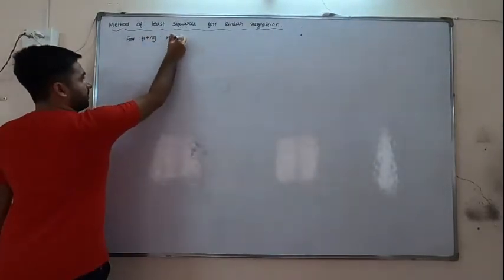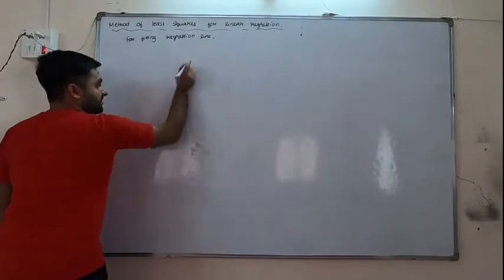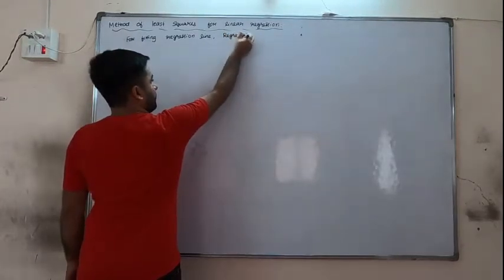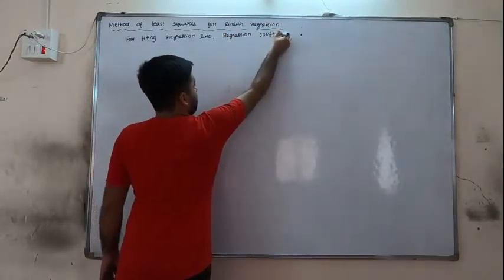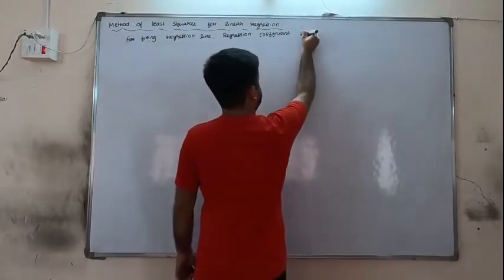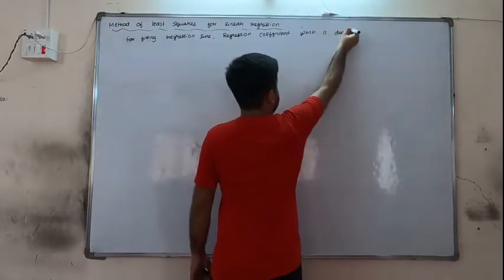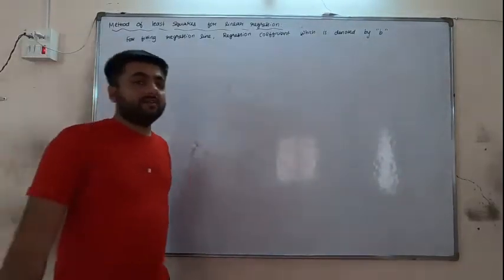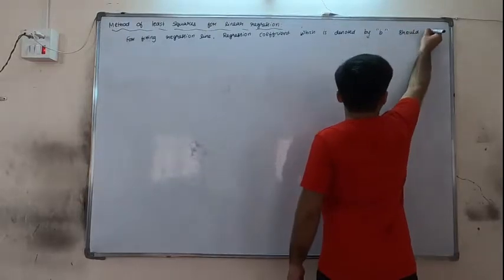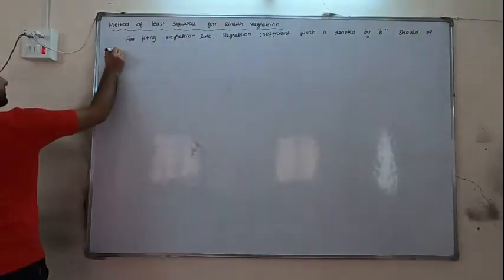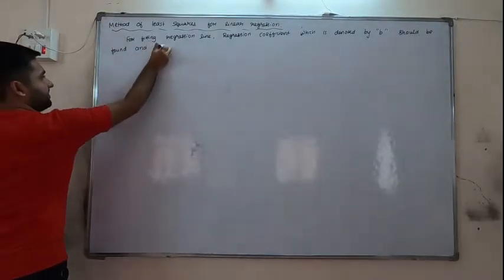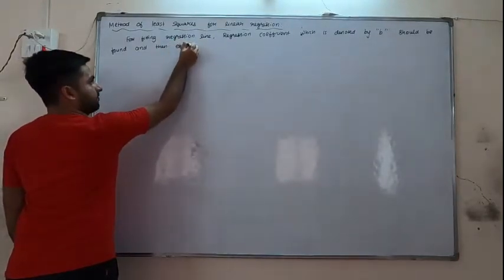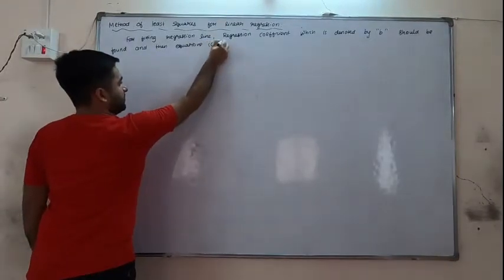For fitting a regression line, the regression coefficient, which is denoted by small letter b, should be found, and then the equations can be made.